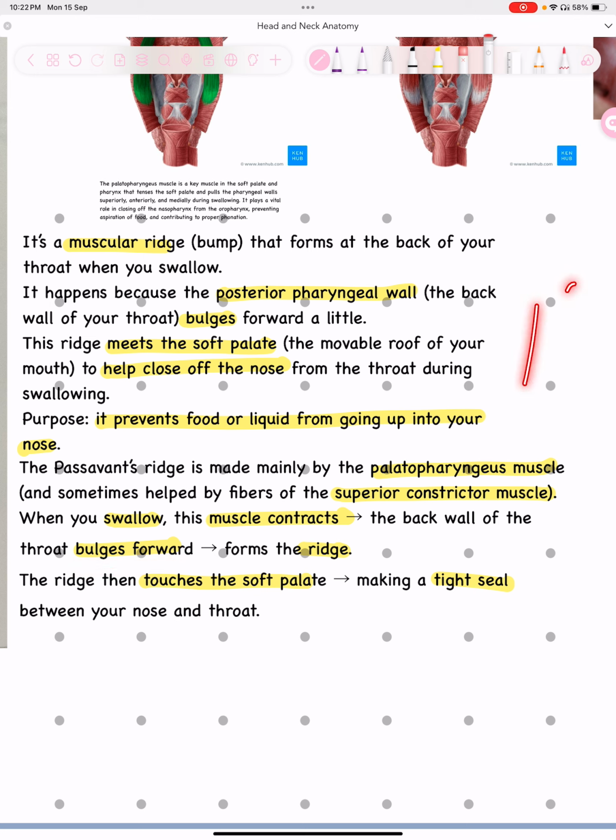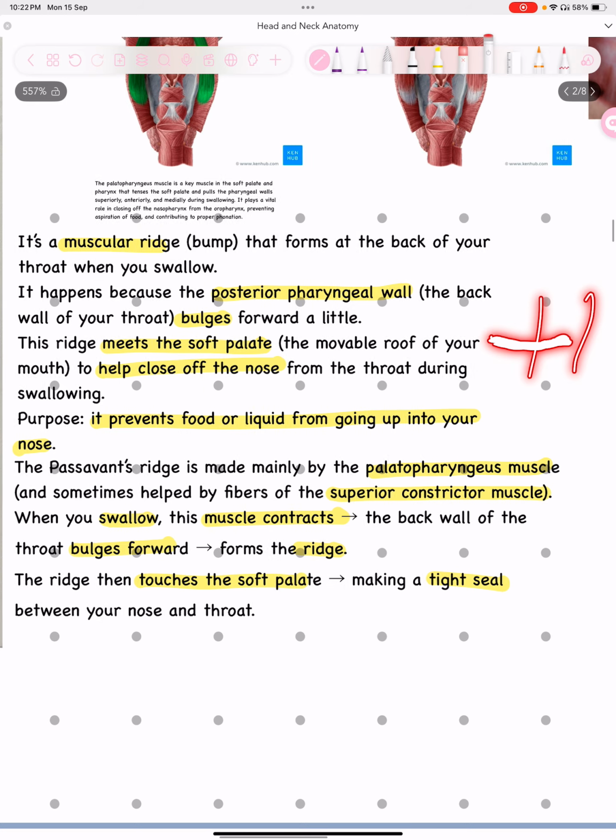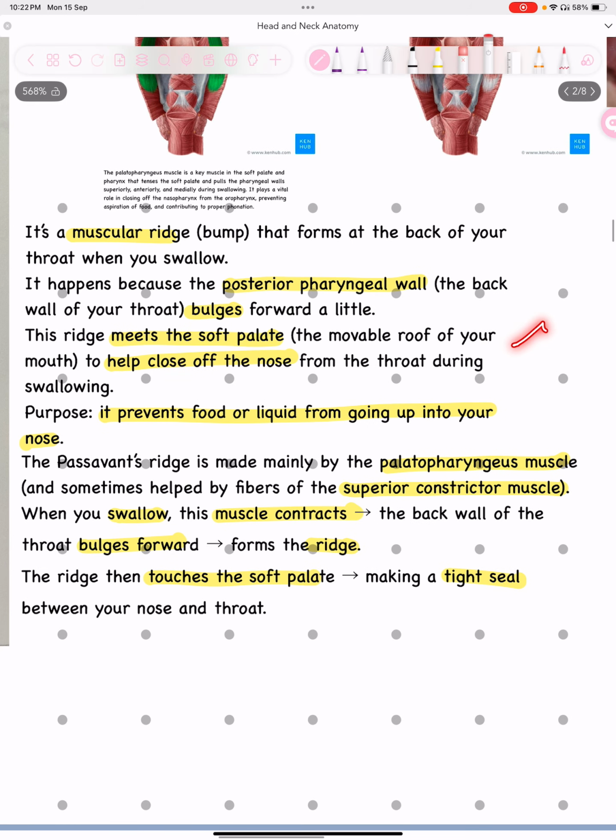So far, I told you that there is this posterior wall of the pharynx, and then there's another muscle, the palatopharyngeus muscle. Its fibers come and lie in this posterior wall of the pharynx above the superior constrictor muscles, on the superior constrictor muscles. So these and some fibers of the superior constrictor muscle form a ridge elevation.